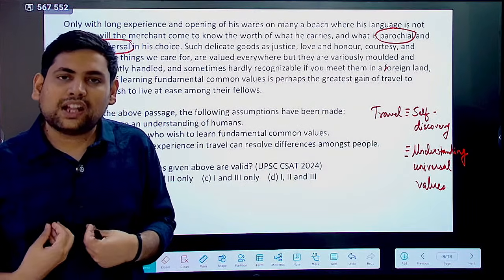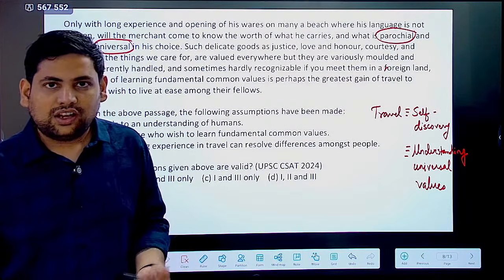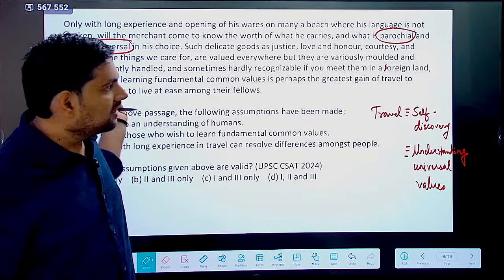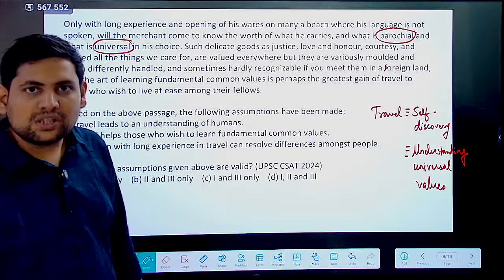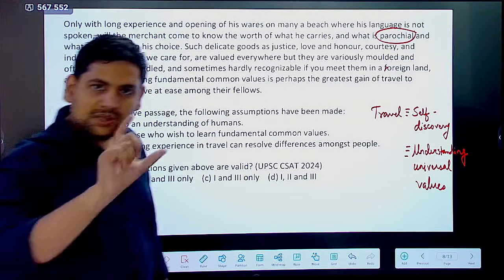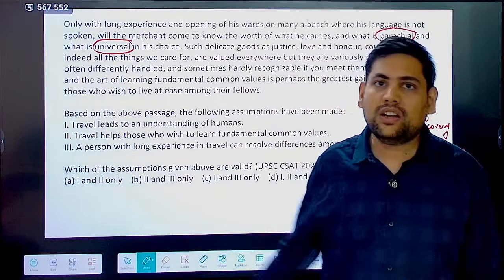Some qualities I have because I am an Indian, and some qualities I have because these are universal human values. So this bifurcation becomes clear only when I travel abroad.